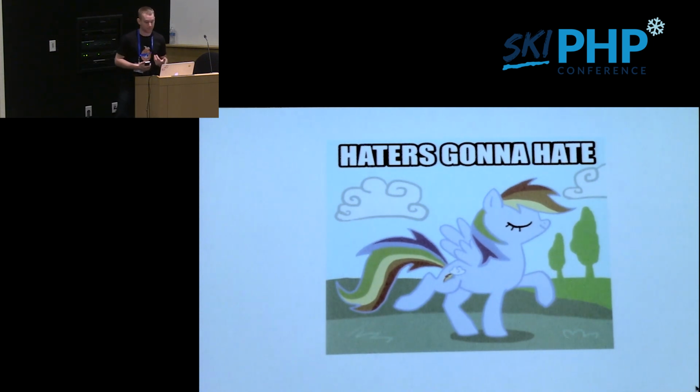I haven't fully load tested this yet. That's something on my to-do list I'll get around to, but people who have used it have posted on the forum saying, my site got hit by Hacker News, and I got 5,000 concurrent connections, and the application didn't crash, and it served everyone. It was fantastic. That being said, I don't think PHP right now would live up to other languages as far as concurrency goes. 5,000 is good.